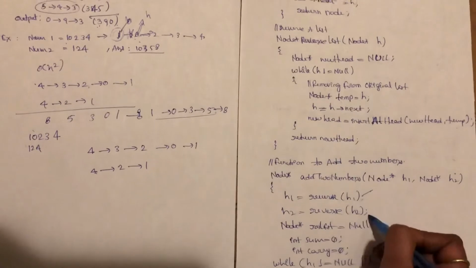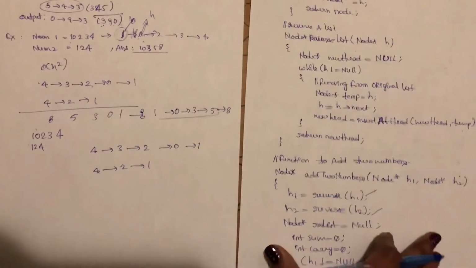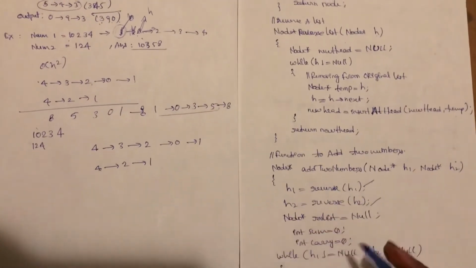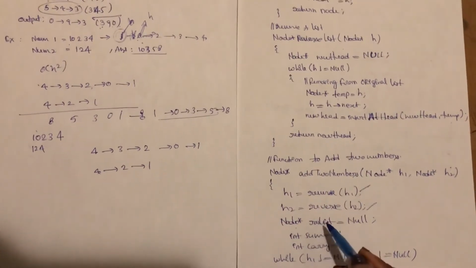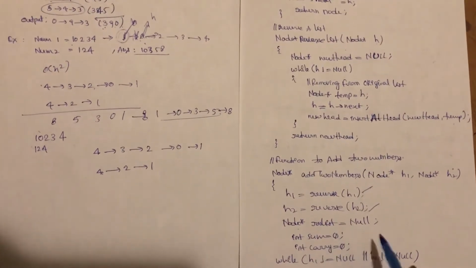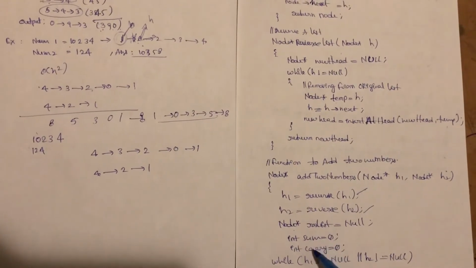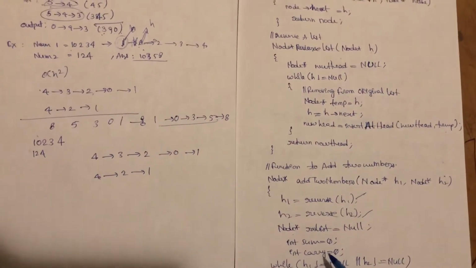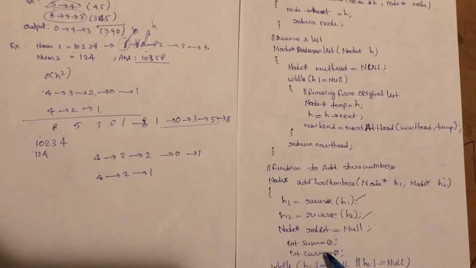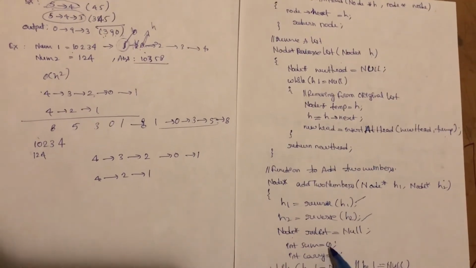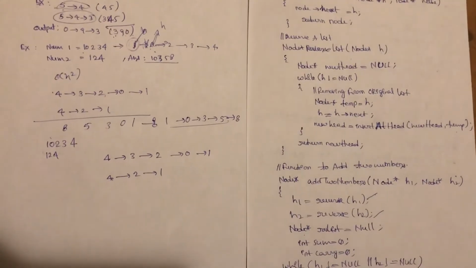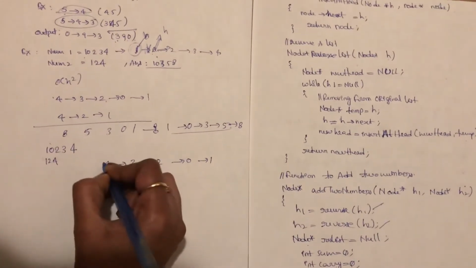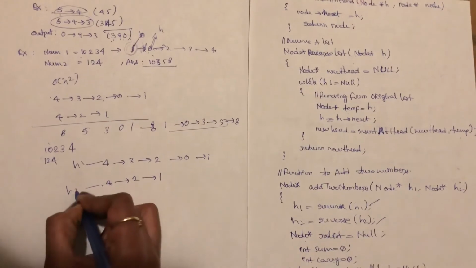So we have reversed these two numbers, and then we take a node as the result list, and then we take two variables, sum and carry. We will explain what they are for in the following. So we take a while condition. Let's take this as h1 and this as h2.